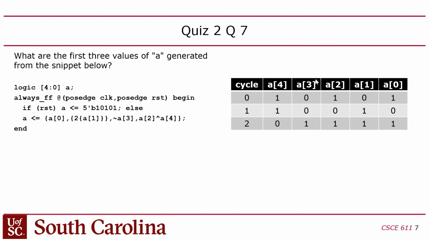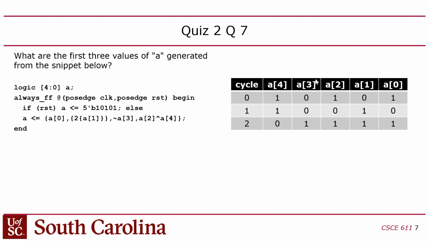So when you get to cycle 1, you're going to fill in, each bit you can read from left to right. So the first bit is the old A0. So that bit, the old A0, is going to migrate down to the new A4, right? And then you got 2 copies of A1. A1 is 0, so you're going to put 2 copies of that right there.